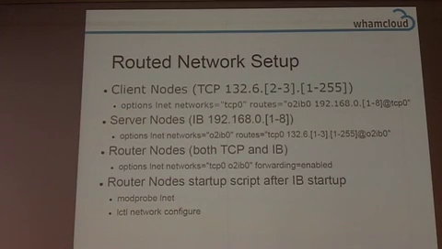Moving on, a bit of an example. With the advent of InfiniBand, people are setting up routed networks more often. That's becoming popular because you want an InfiniBand network within your cluster, but you don't have the budget or the infrastructure to have InfiniBand across your whole campus.